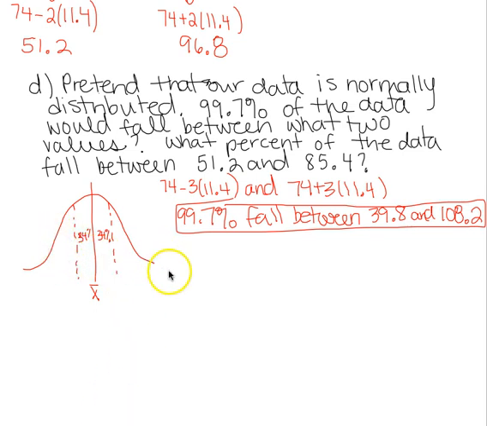Then within 2 standard deviations of the mean has to be 95%. So again, in the book it might be a little bit different, but 95 minus 68 is 27, and if I cut that in half, it's 13.5. So they put 13.59, but I'm just going to put 13.5% are within the next standard deviation.